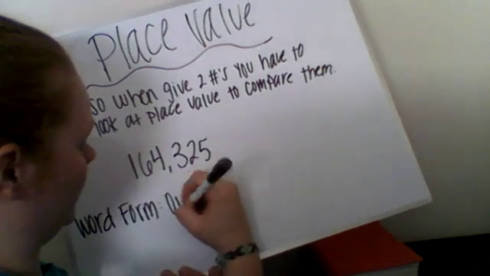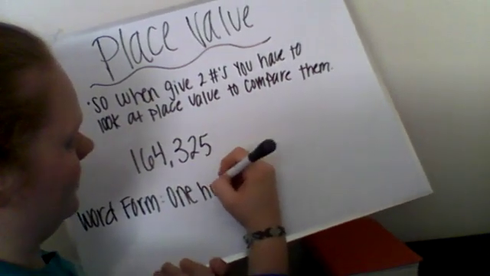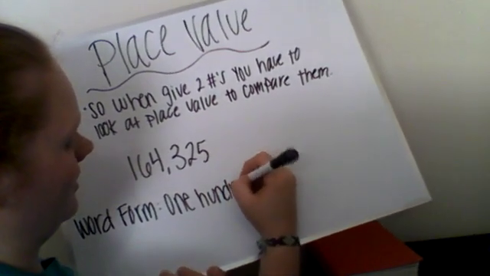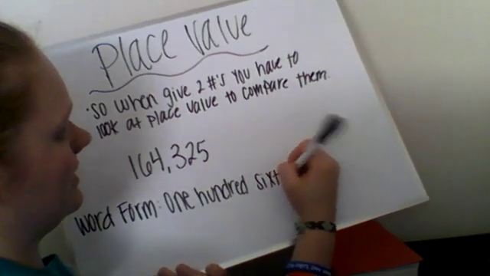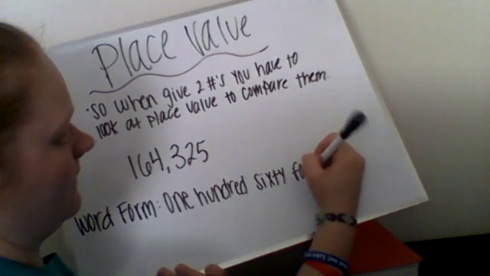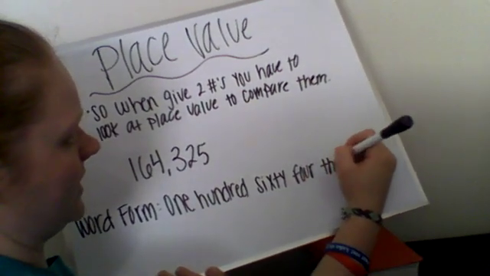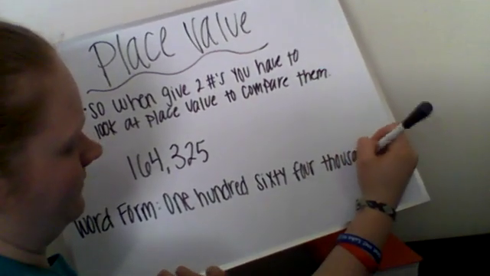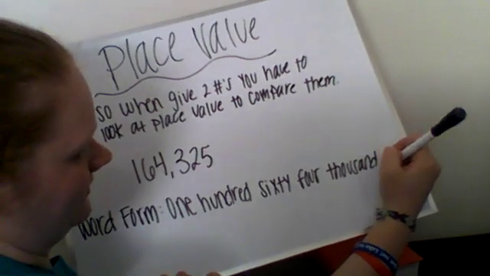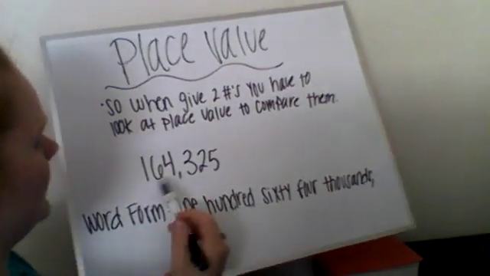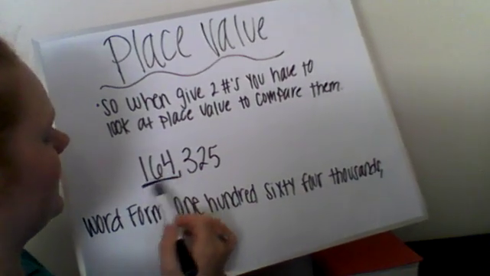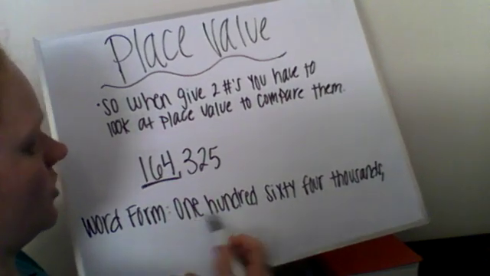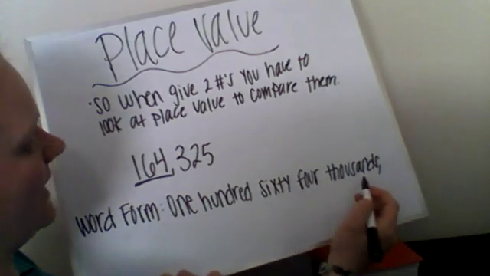So I'm going to put 164 thousand. Okay, all I did was I took this right here, 164, and it's in the thousands place value, so 164,000.